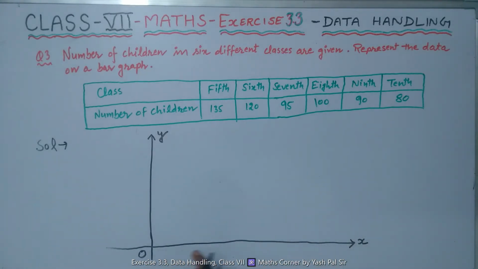First of all, on the horizontal line, the x-axis, we take classes at equal distances. Suppose this is 5th class, with equal intervals, like this we are taking equal intervals.